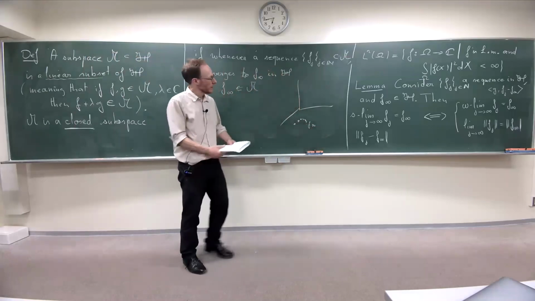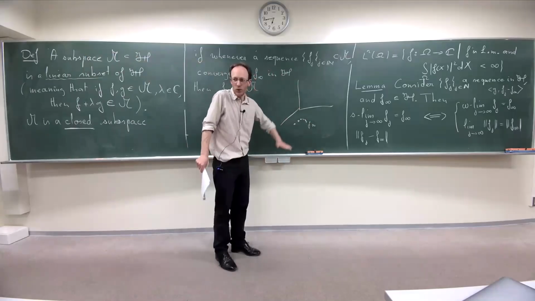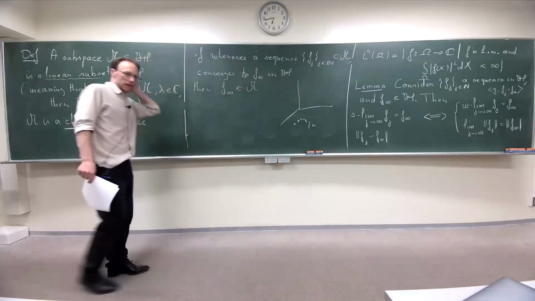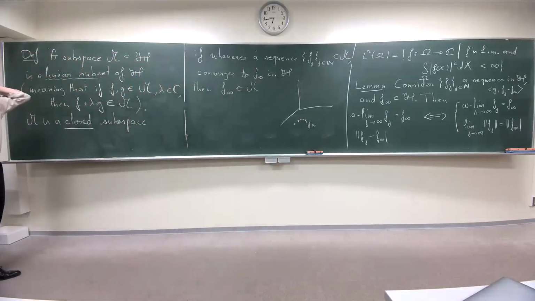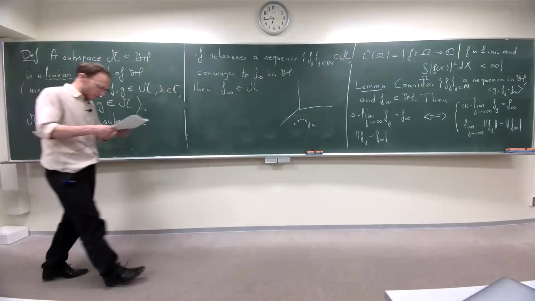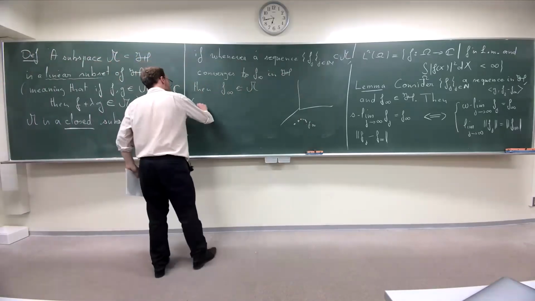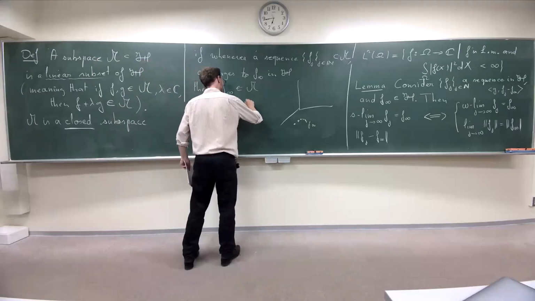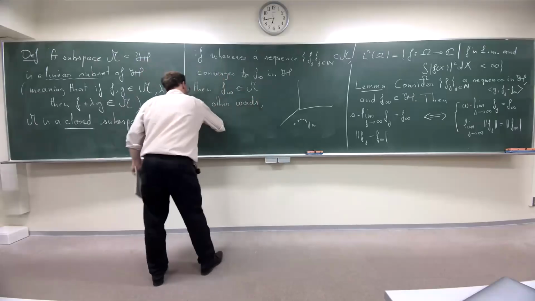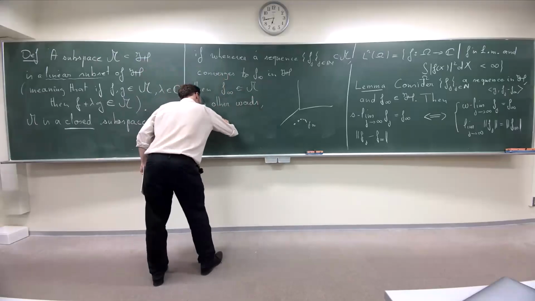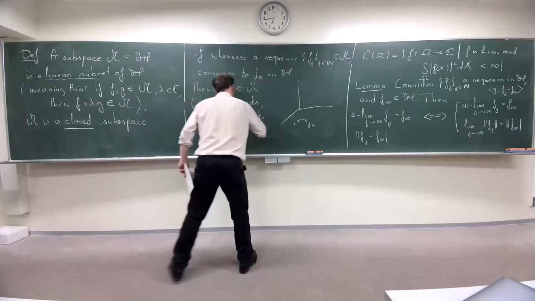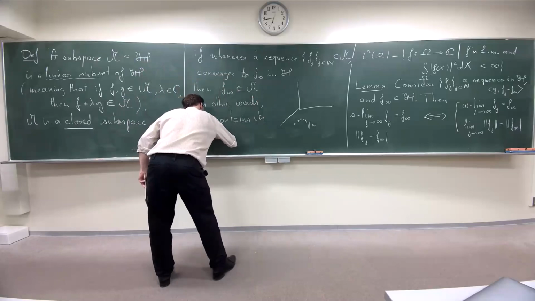It's closed if the F infinity is also on the floor and not outside, which is quite natural. So this is a notion of closed subspace, or in other words, M contains its limit points. This is called limit points.